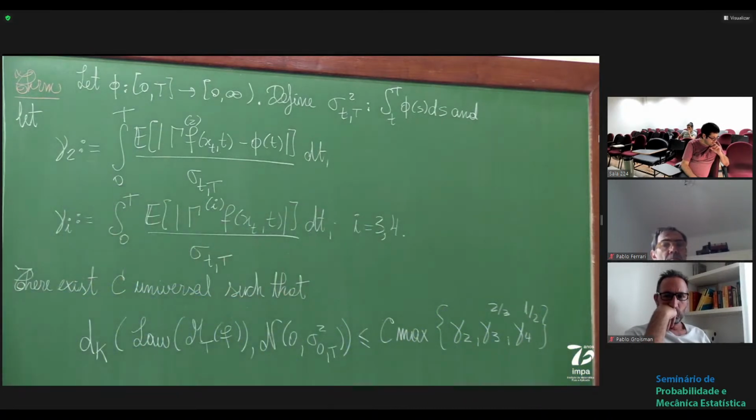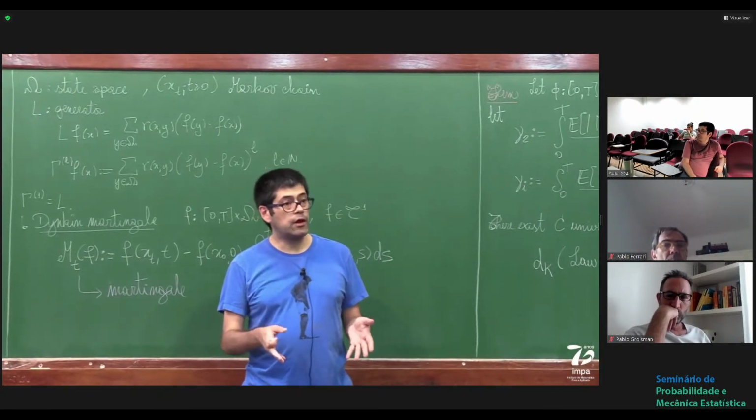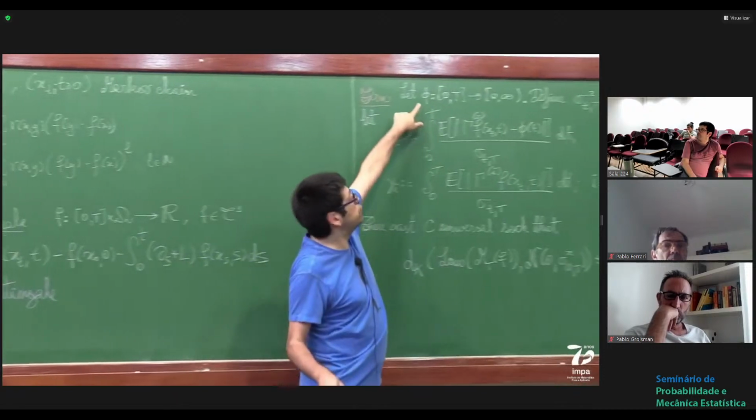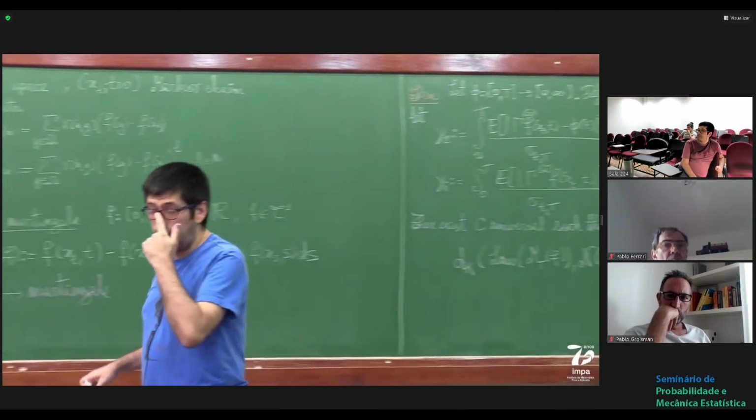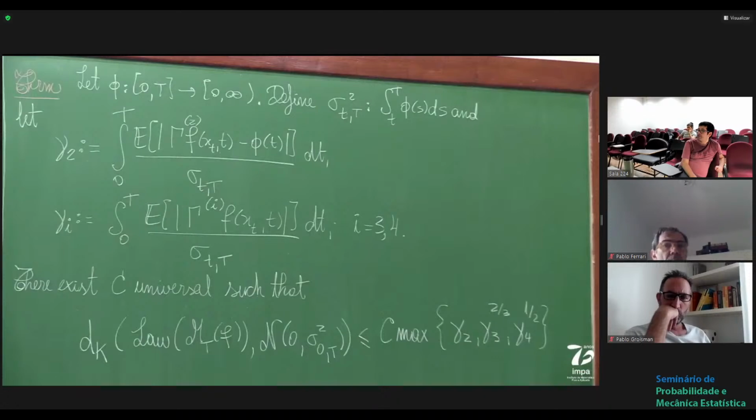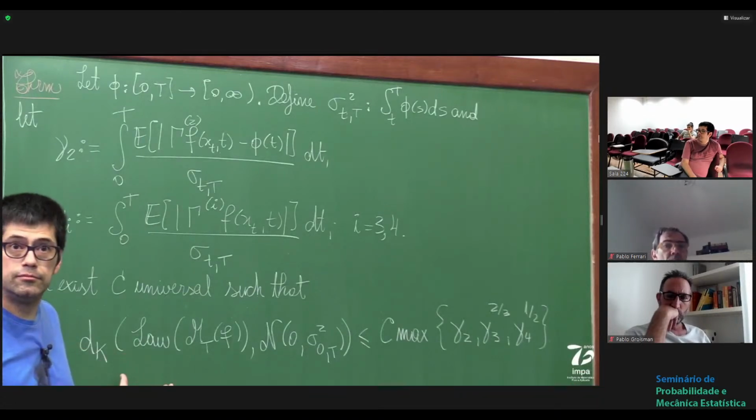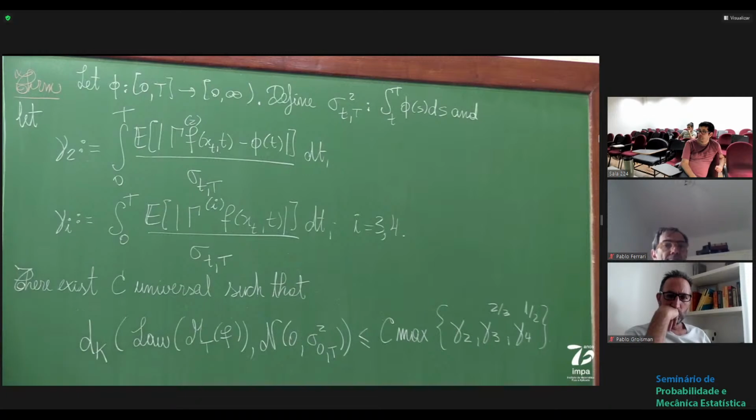So this is the theorem. You see there is no limit in this theorem. It's just a bound. It is true for every Markov chain, for every function f, for every function phi that you put here. And of course, the bound can be bad. There is where your ability to find the right Markov chain, the right function f, and the right function phi here enters into the game.